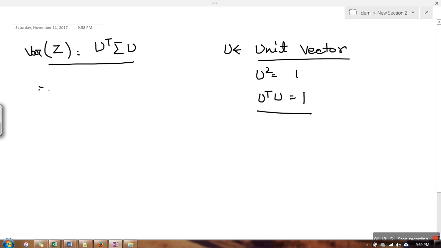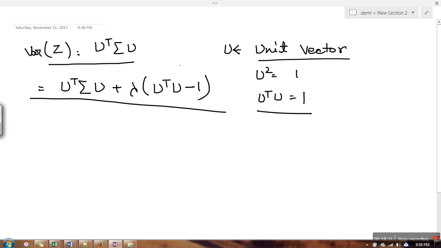The final expression will be something like this. This is the final expression. Let's say this expression is given to you, and you are asked to find the value of u that maximizes this final expression.